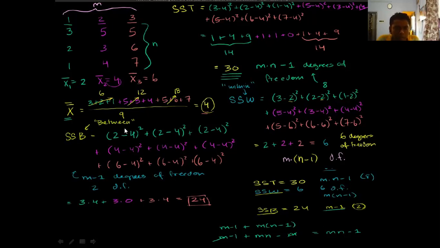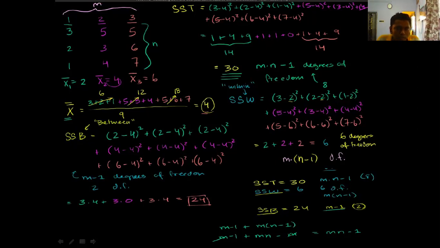Now you will compute the sum of square between. Sum of square between means you are going to compute the variation, sorry, not within the group, between the groups. So we are calculating SSB, that means sum of square between.